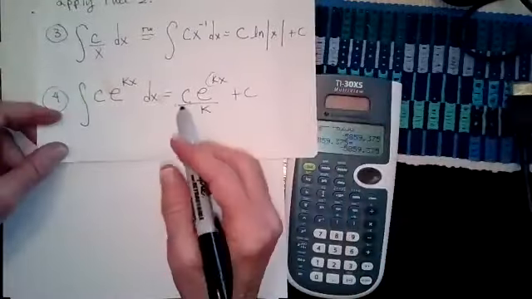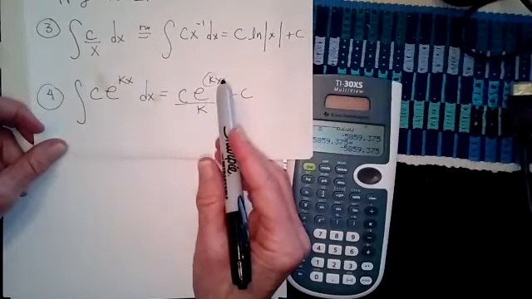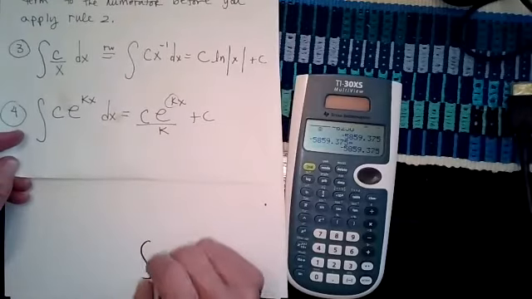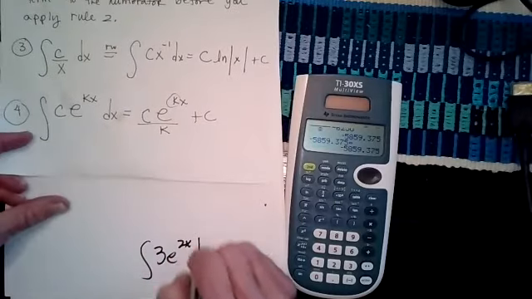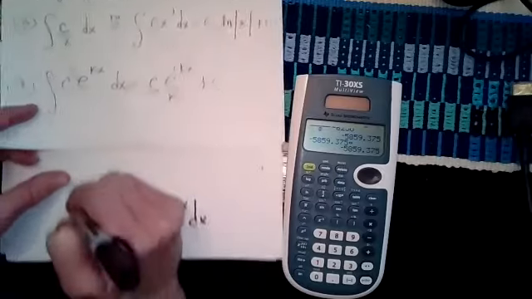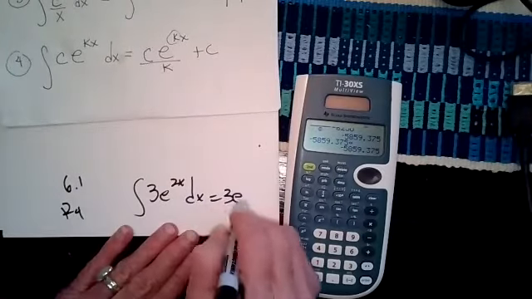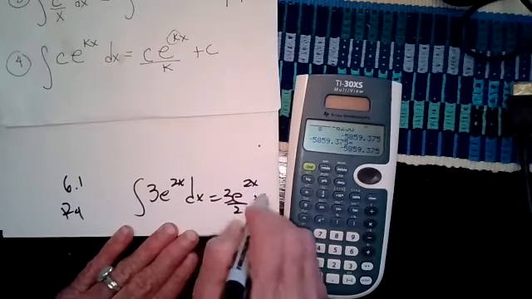Okay, so I can use this rule, number 4, when I have a constant times e to the kx. If we did the integral of 3e to the 2x, I would just use 6.1 rule 4 and call that 3e to the 2x divided by 2.